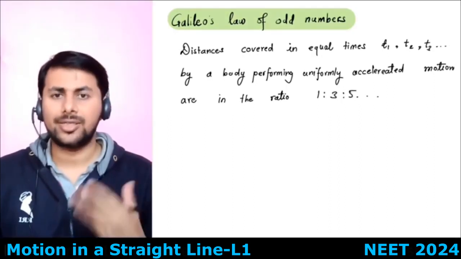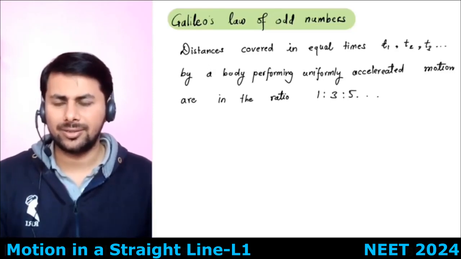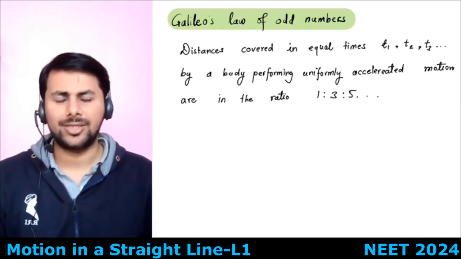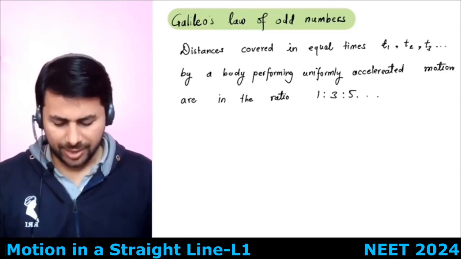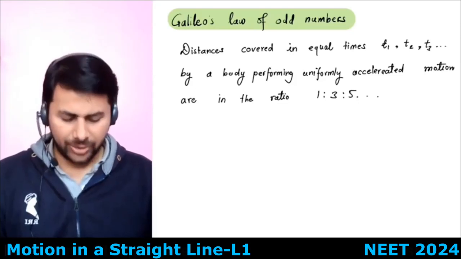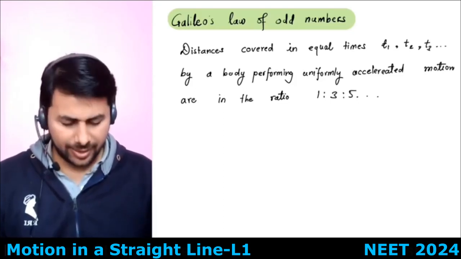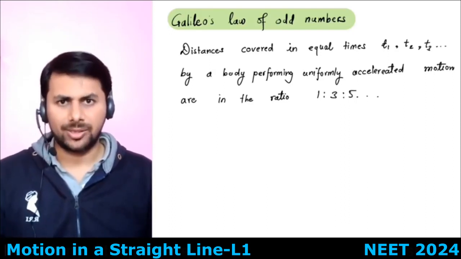With what acceleration does it fall? We call that acceleration due to gravity. What is its value? 9.8 meter per second squared.